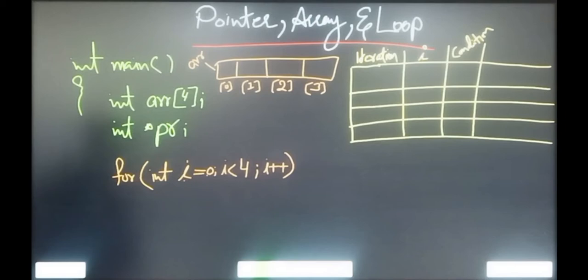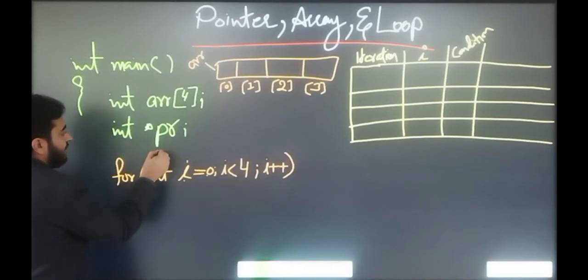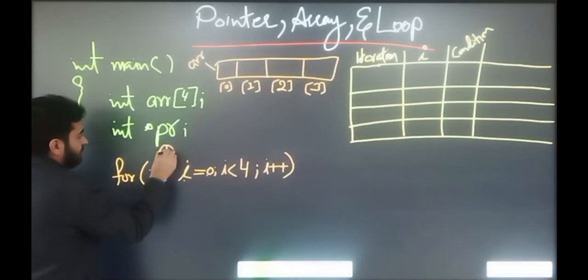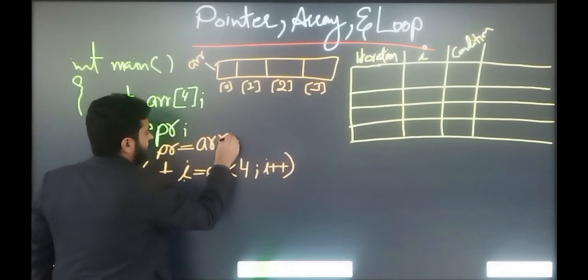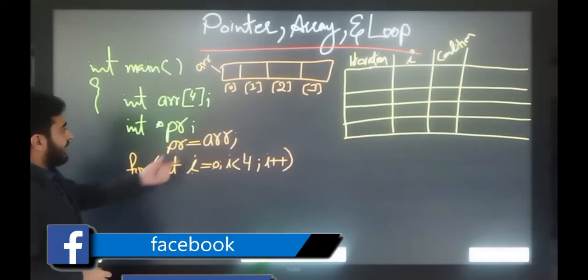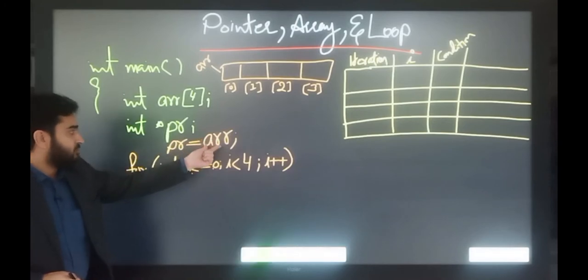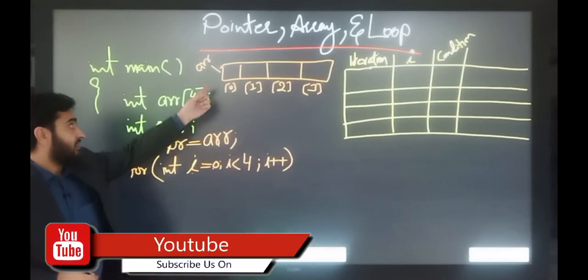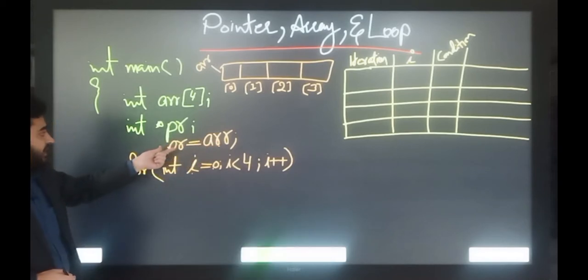Okay, so first of all we need to assign an address to this pointer. So how can we assign that? By initializing pointer PR is equal to ARR. Okay, so as we know that the name of the array can be used as a pointer, and this pointer has the address of the first element in the array, and that address can be assigned to the pointer.